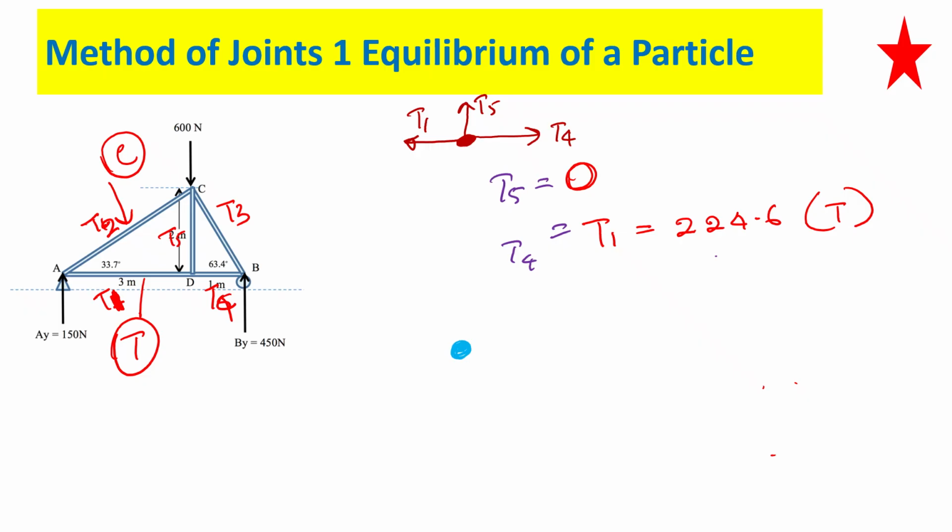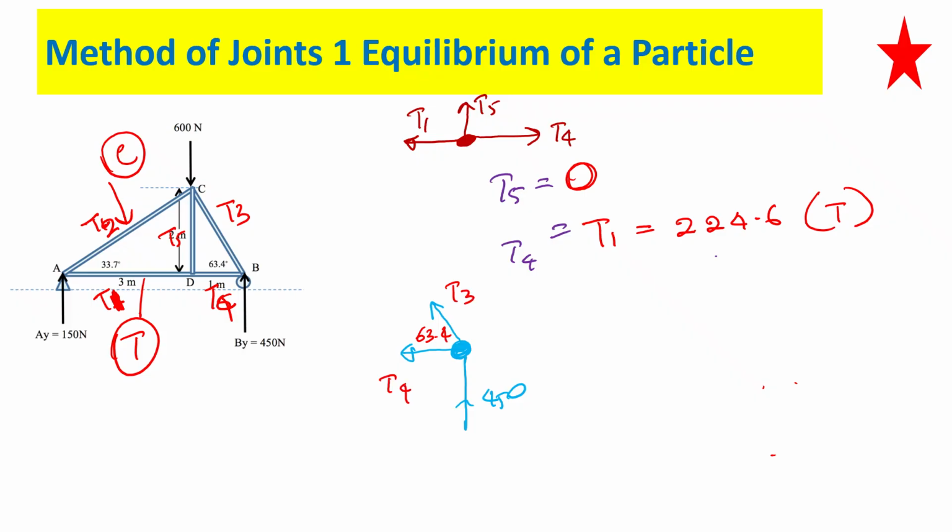Yes, it is 450. All the other arrows are going out from the joint. Why? I assume them as tension. It is my assumption, but if it is wrong, it will give a negative sign. So this is 63.4, and this is T3, and this is T4.